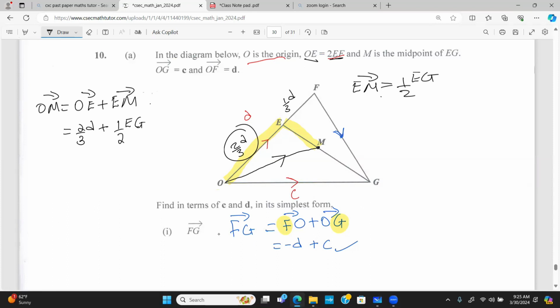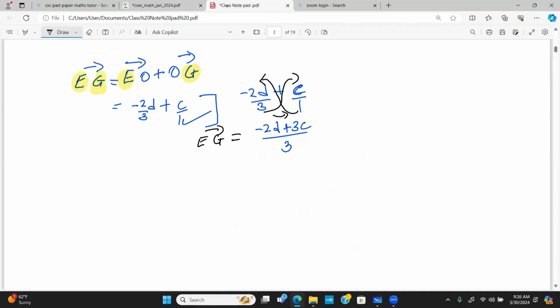And then we simplify that idea. Now let's remind ourselves of what EG is. So we have 2/3 D plus a half of EG. I'm going to put EG here. EG was negative 2D plus 3C over 3.